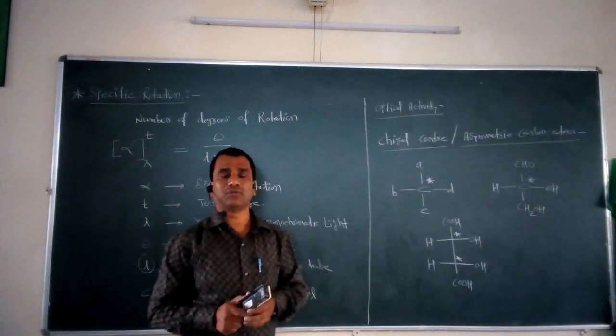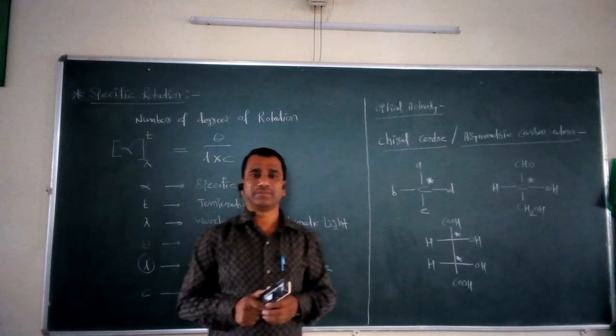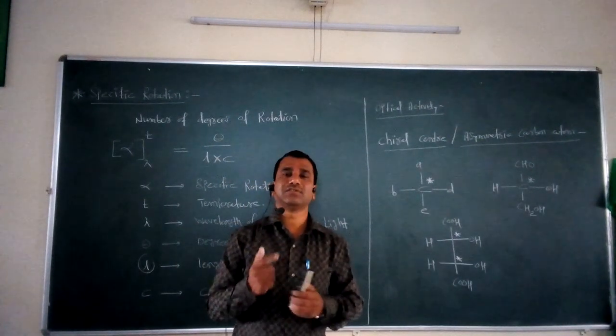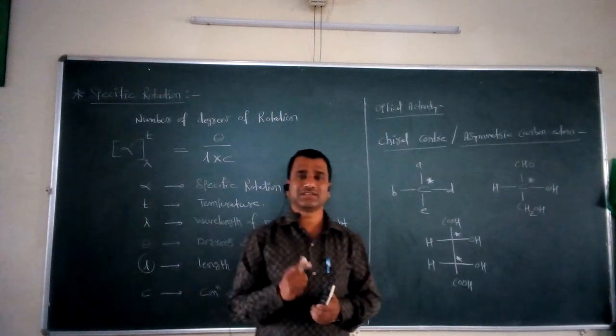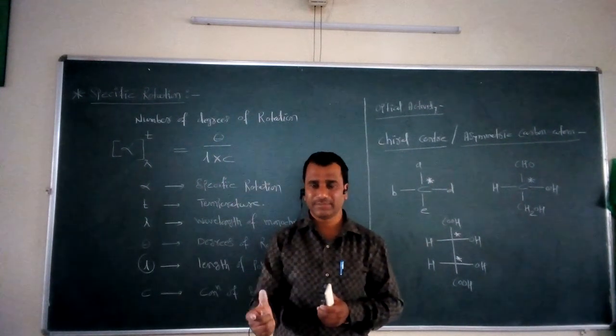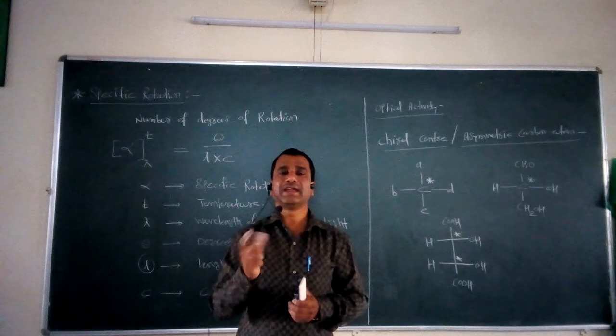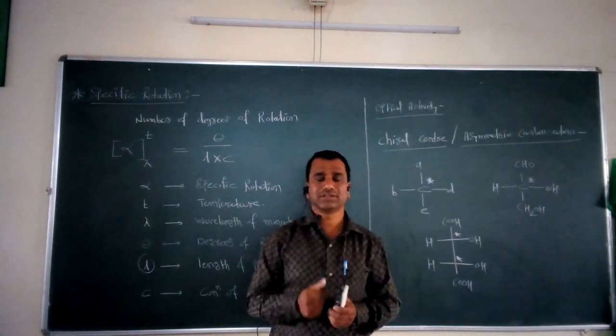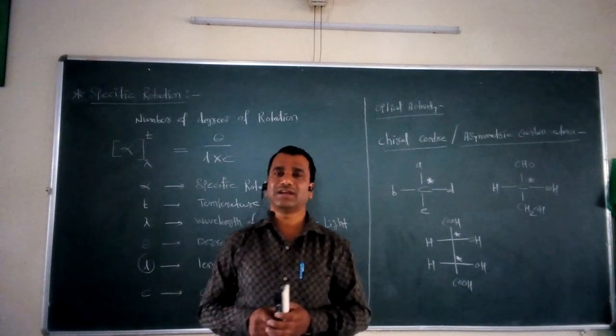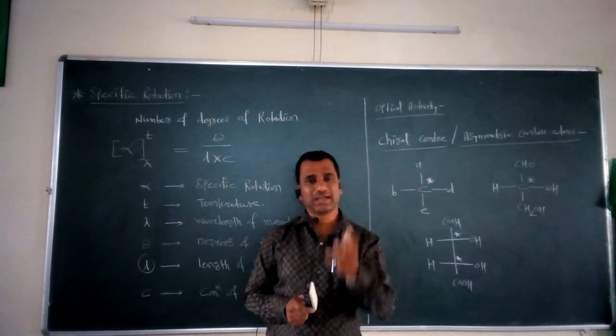What is optical activity? While considering optical activity, how we have to take into consideration the object and its mirror image. What is the relationship between the object and its mirror image? With the help of that, if the mirror image is non-superimposable, we can say that the molecule is called an optically active molecule.